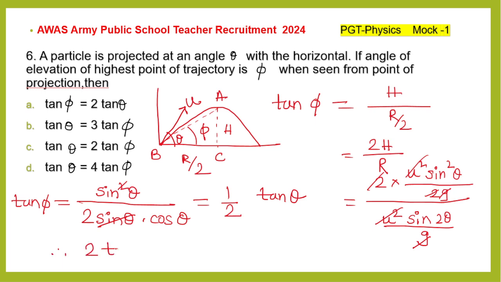We write here 2 tan phi is equal to tan theta. So that means option number C is your correct answer. I hope you understood it.